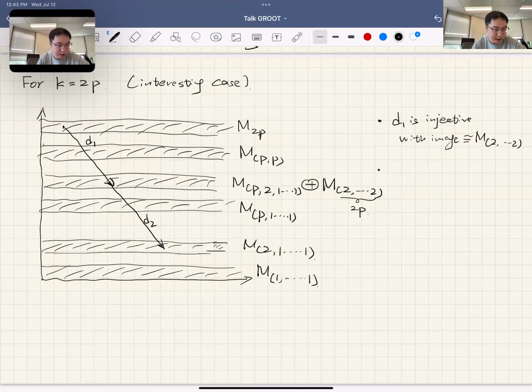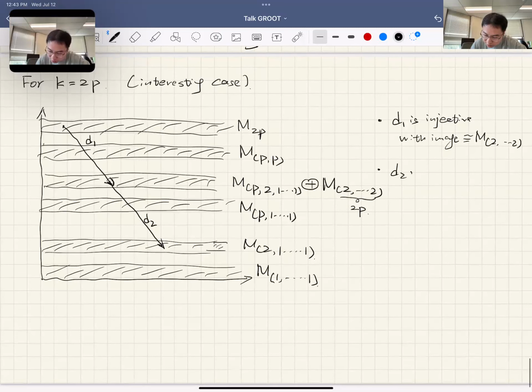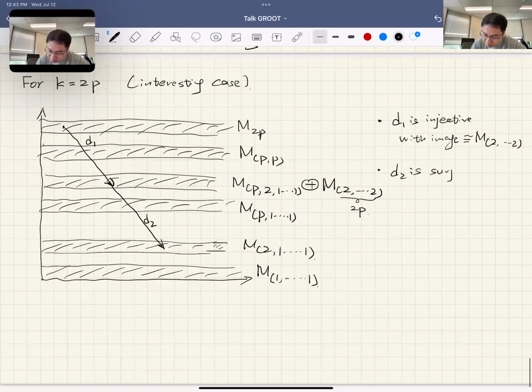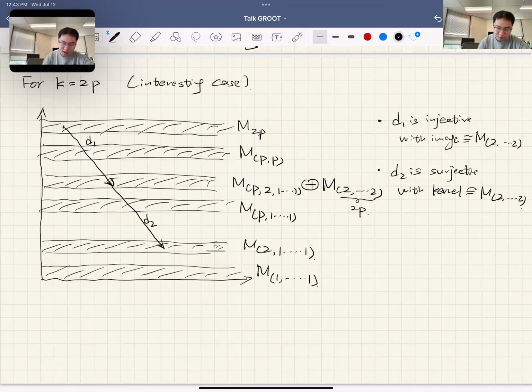And I can show that D2 is surjective with the kernel isomorphic to m sub 2 2 2. So for some range, the maps between those three rows actually form an exact sequence.